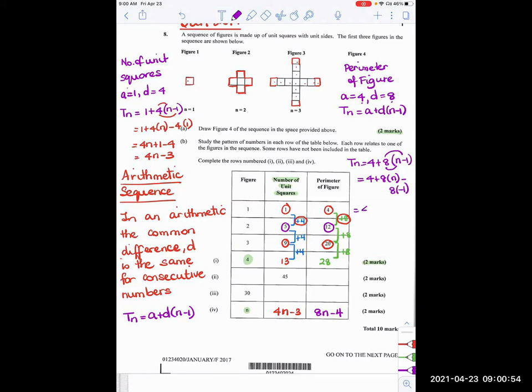So this gives us 4 plus 8n minus 8. So we have one variable, which is n. So we write that one first, plus 4 minus 8. Well, 4 minus 8 is -4. But if you don't know that, you just keep the sign of the larger number, and 8 minus 4 is 4.